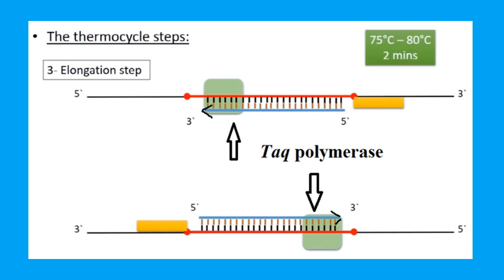This step is so important because it gives the aim of this reaction or this technique. So it is called the elongation step, forming two strands from the first strand when we start. Okay?